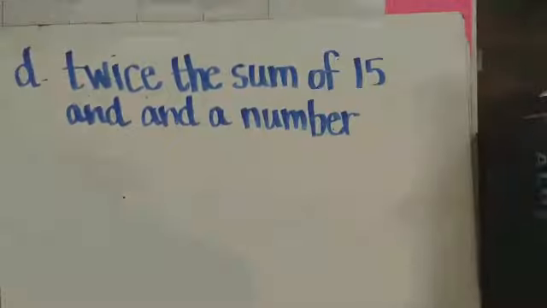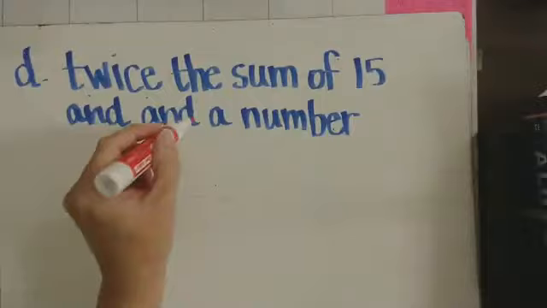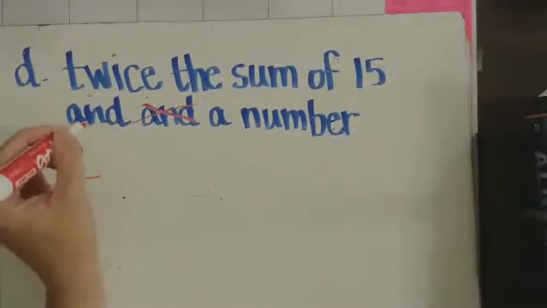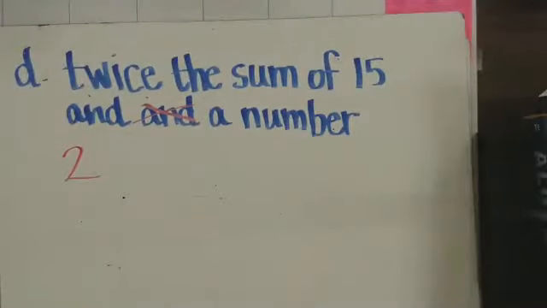Now let's look at 2D. Twice the sum of 15 and a number. So when you do something twice, how many times do you do that? 2 times. And I accidentally wrote an extra "and" with 2 times, so I'll fix that. Twice the sum of.